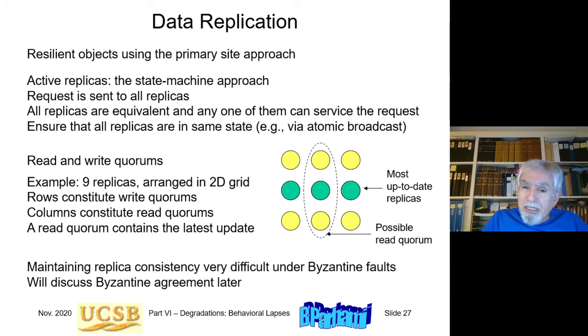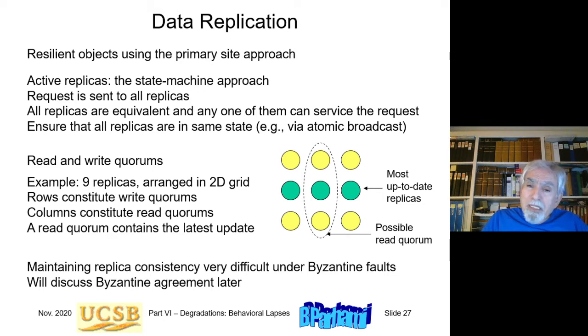As long as we can access the 3 units in one column, we are done, because those 3 units in one column are guaranteed to contain the most up-to-date replica. So if we read, for example, the middle column, it has one of those green circles, which is the most up-to-date.